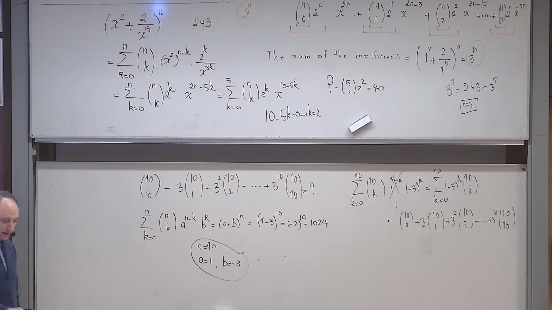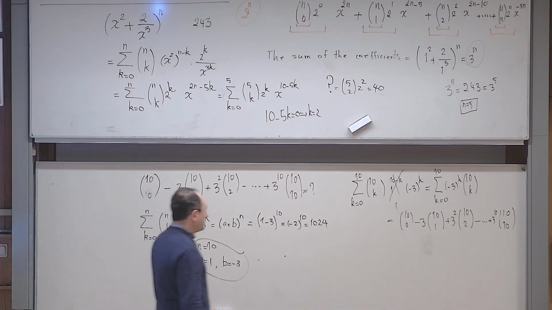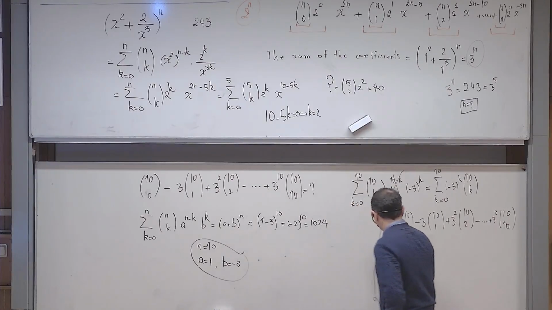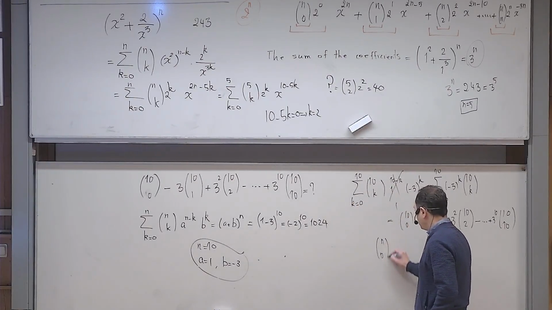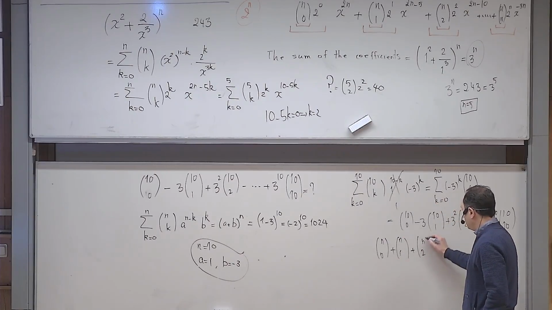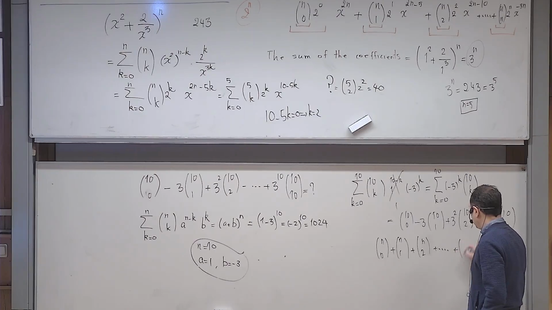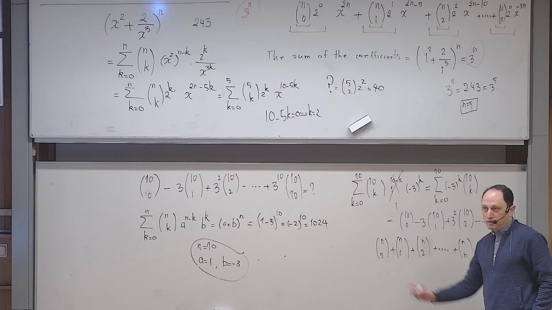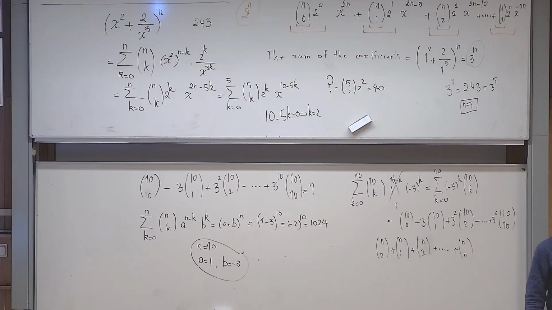Okay, now let us take this opportunity to actually ask you, do you remember, this is a very important formula, 0 choose n plus 1 choose n plus 2 choose n up to n choose n. This is the sum of the binomial coefficients. This is a very important and famous formula. This becomes always 2 to power n.